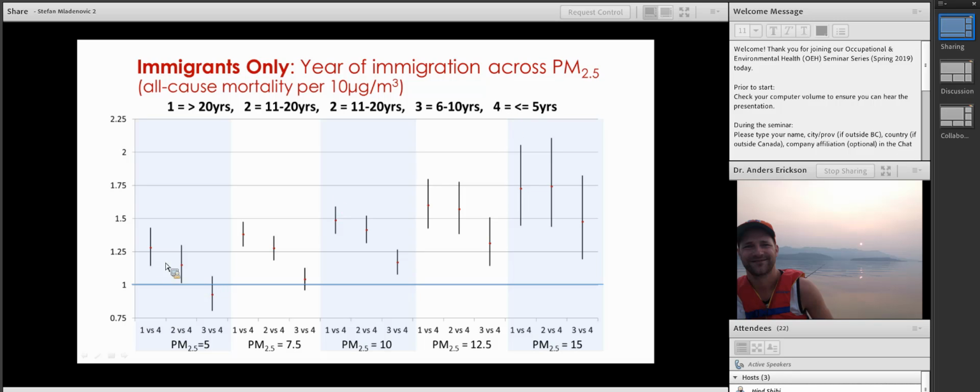What this shows is that among immigrants, you see a downward trend of your hazard ratios with exposure to PM 2.5, comparing the different immigration period groups. And as you move across your PM value, these differences tend to increase.